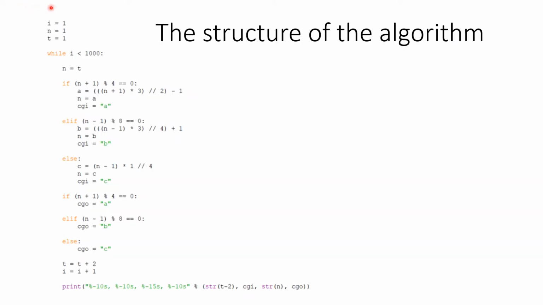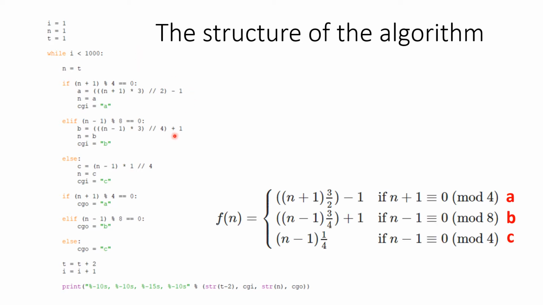Here we have the complete algorithm. It's very simple. I've written this in Python code here, and there are three possible operations. So to understand it, one might want to look at the function.